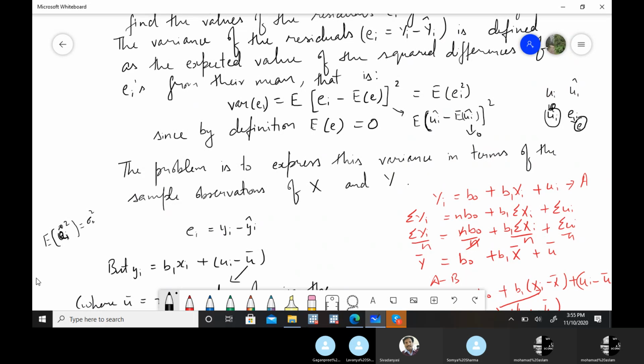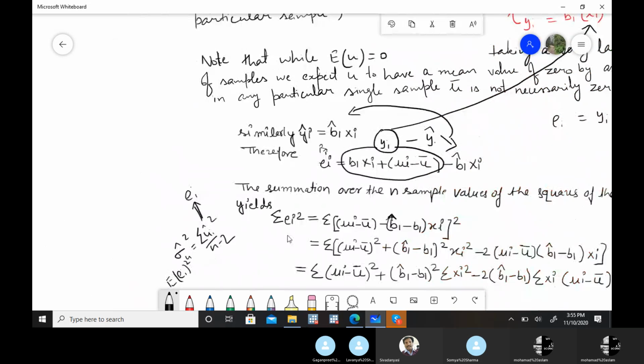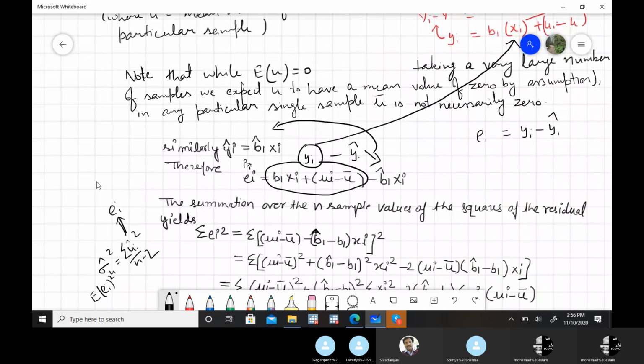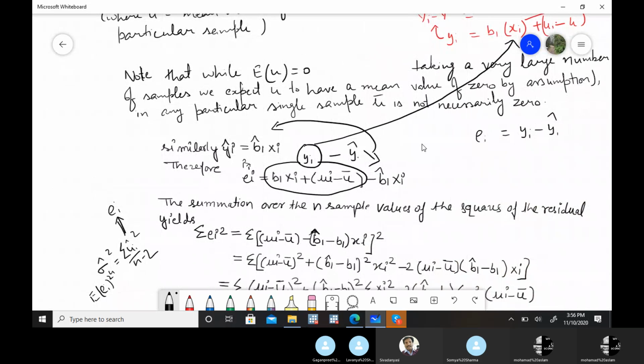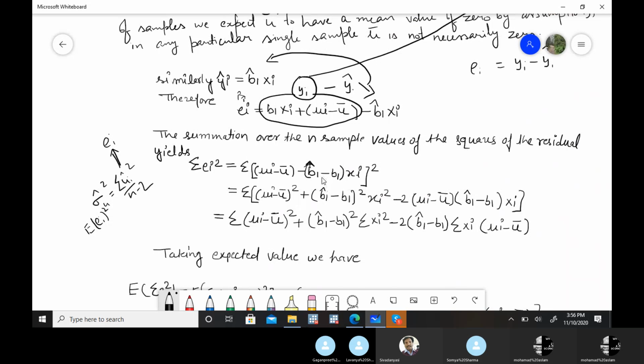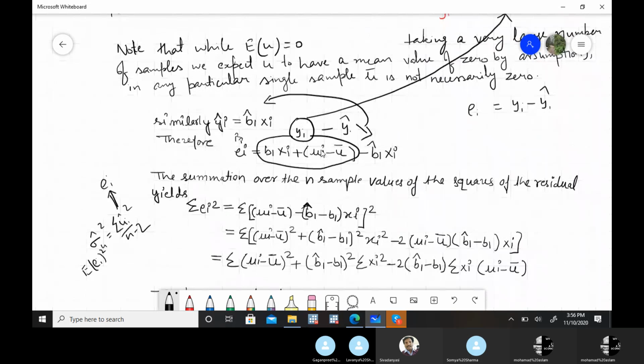Just try to understand that what we have to calculate is the variance of the residual, and that is summation u hat square divided by n minus 2. So we need the numerator term, summation ei square or summation u hat square. That is this particular equation. From where do we get this equation? That is yi minus yi hat, our residual term in deviation form.